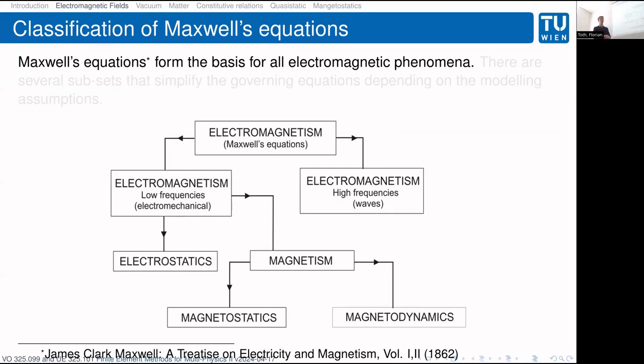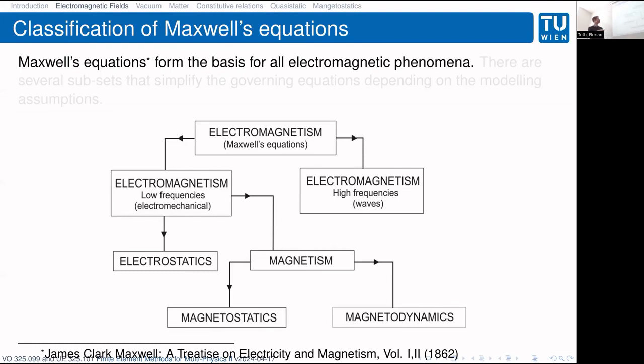So how can we describe electromagnetism? This is a large topic, and this diagram is actually very nice because it classifies the different phenomena. At the top we have electromagnetism described by the Maxwell equations.